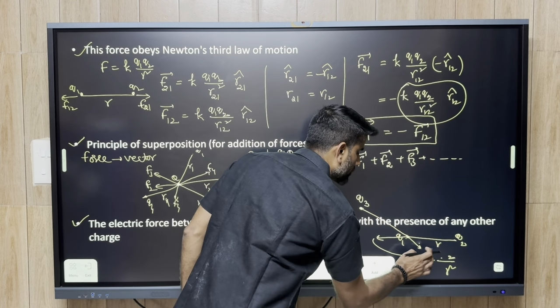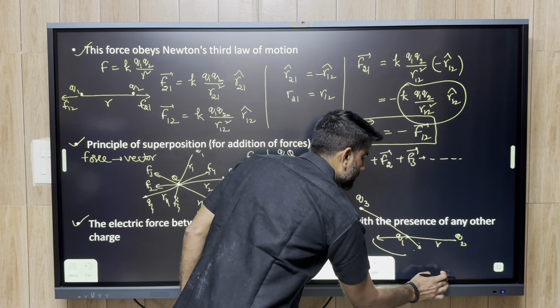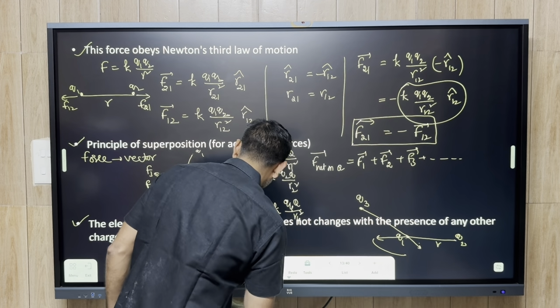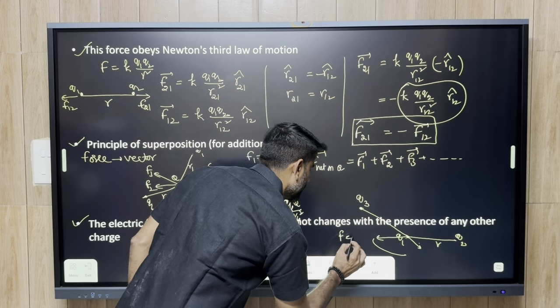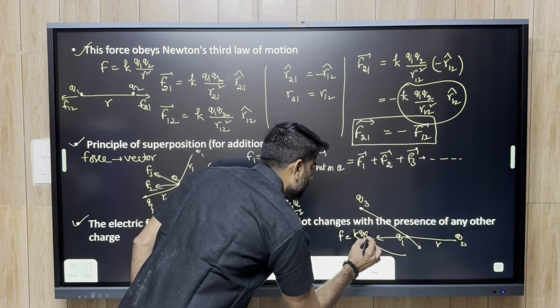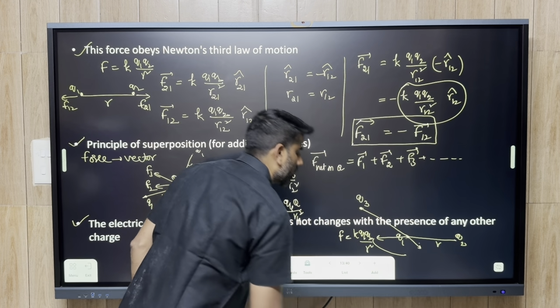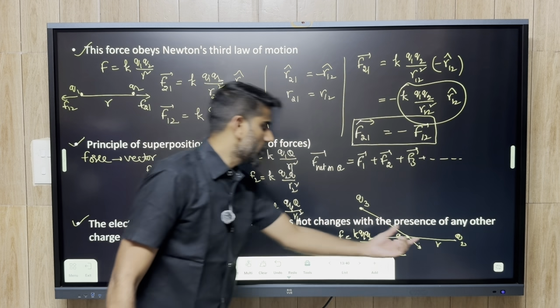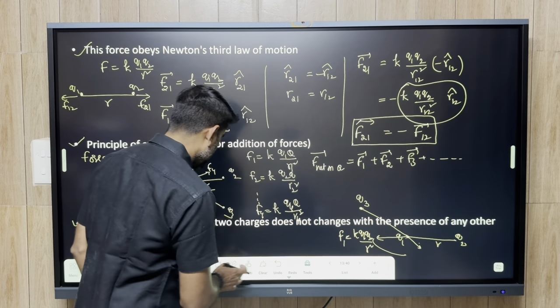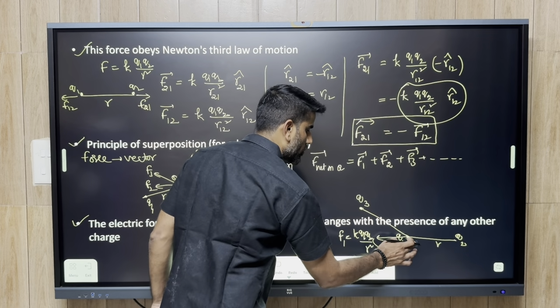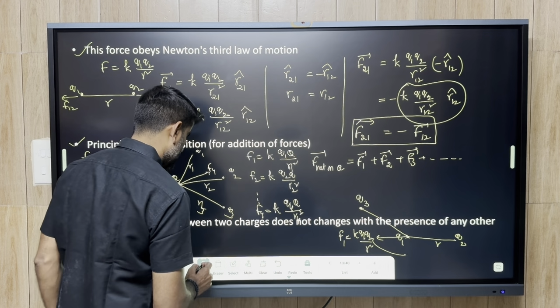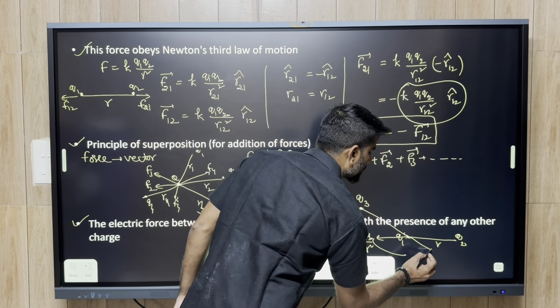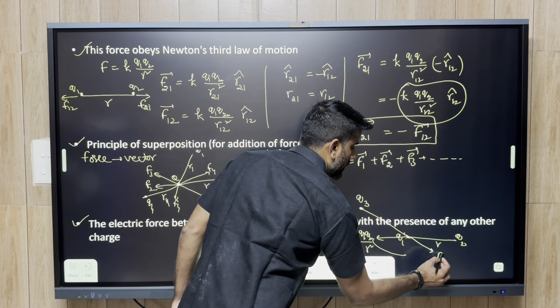So this force, I'm writing it right here. F is equal to K Q1 Q2 by R square. I am naming this force as F1. Now this Q3 is also exerting some force on Q1 in this direction, because it is also pushing this charge.